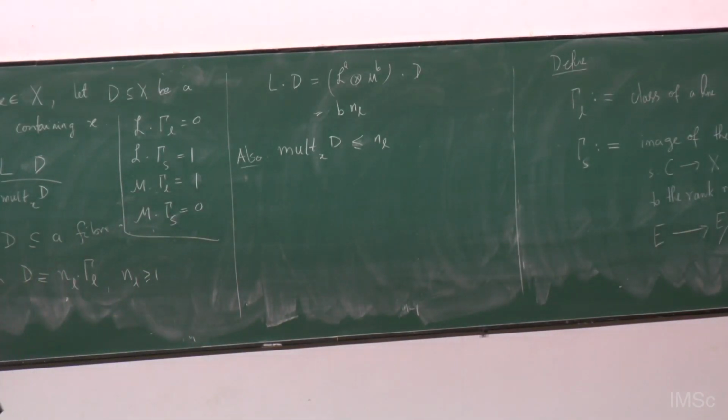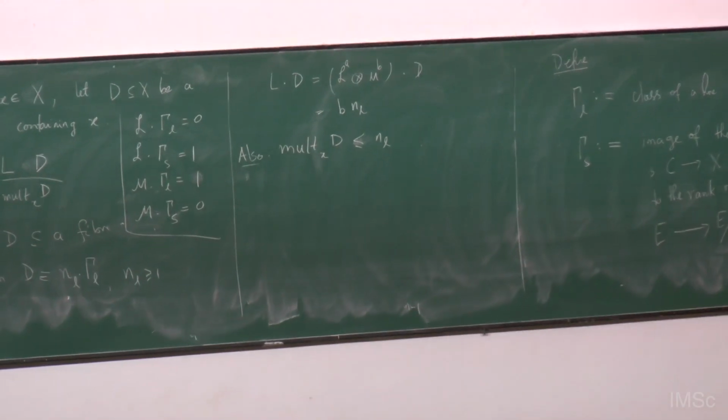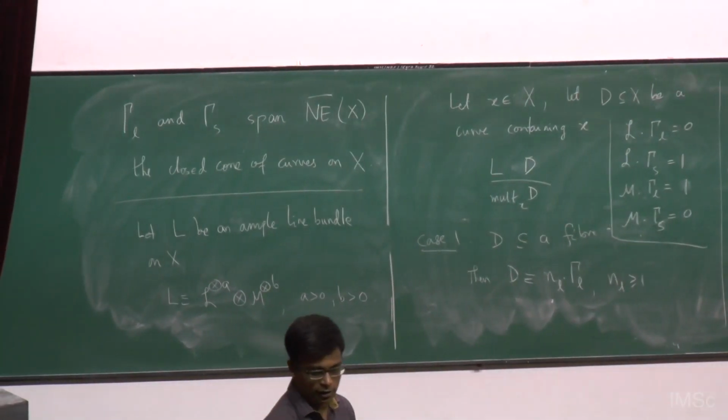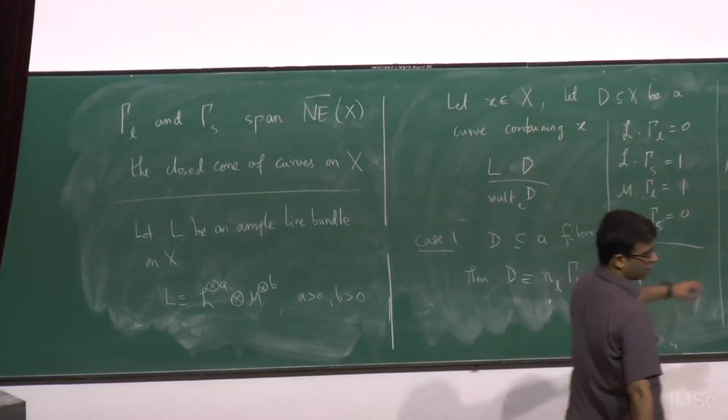See, D is a curve in the Grassmannian variety, so it's a degree N_L curve. So whatever its multiplicity is, it is bounded by the degree. So multiplicity is less than or equal to N_L.